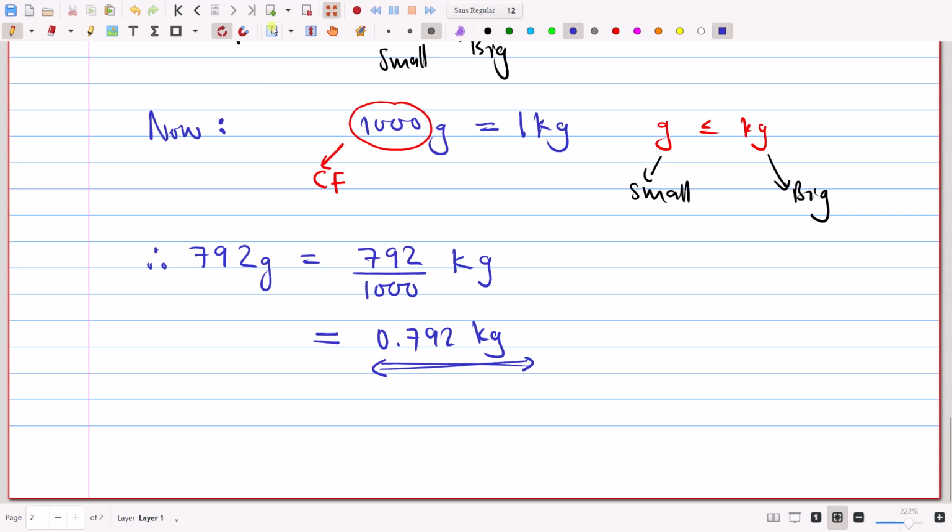But now let's look at a problem that is much trickier than this. Remember, everything I'm doing here works even if you're not dealing with mass, for any unit you can still use the same techniques. Let's look at another example. They'll say convert 1.3 kilometers to millimeters.